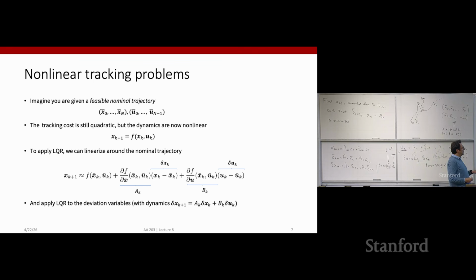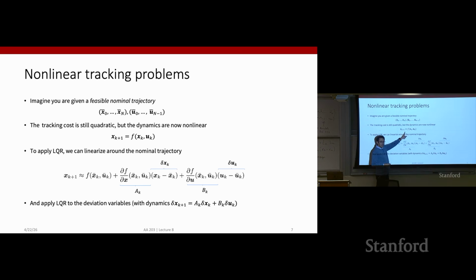So specifically, let's assume that now our system dynamics are nonlinear, so x_{k+1} is equal to f of x_k, u_k. Let's assume, as before, we're given a reference trajectory, again computed through a direct method, for example, through SCP. Now the question, again, is to find a sequence of controls U that bring your state trajectory and also control trajectory as close as possible to their nominal counterparts.